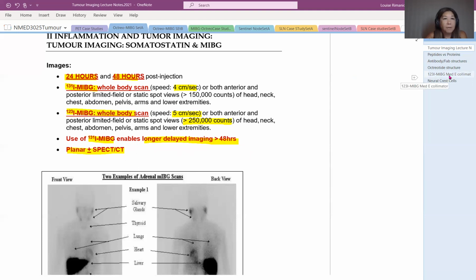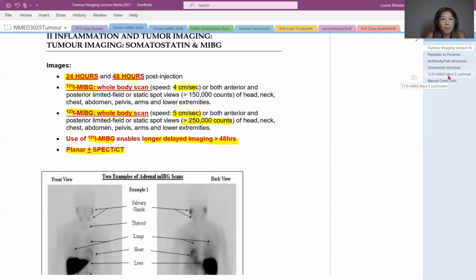And I'm going to wager that the vast majority of you said that we should use a low energy, high resolution collimator, which is great because that kind of makes sense, right? I-123 has an energy of 159 keV and we want high resolution. So we should use a low energy, high res collimator.